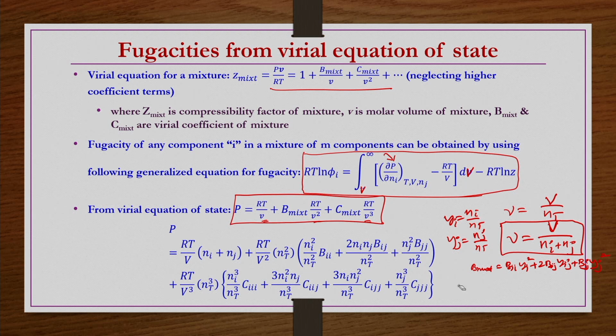Similarly, for C mixture we also have a mixing rule for Virial equations, which we have written previously: Yi cube C triple i plus 3 Yi square Yj C double i j plus 3 Yi Yj square C i double j plus Yj cube C triple j.